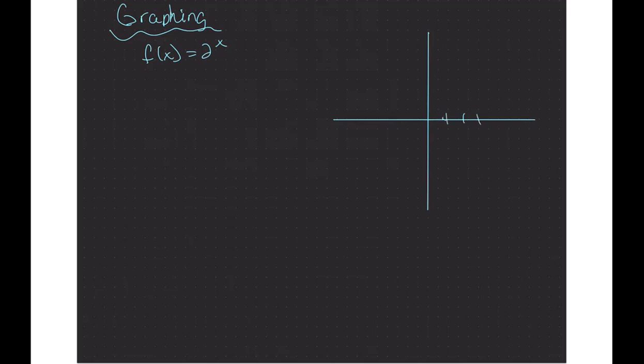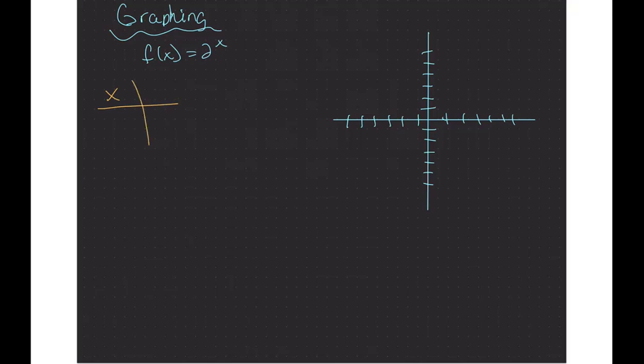Doesn't have to be absolutely perfect, but a good, decent representation. So we even went through and we made a table when it came to graphing this one.